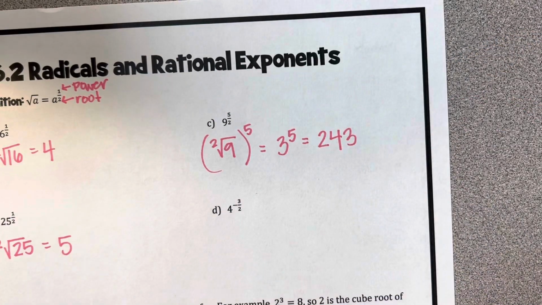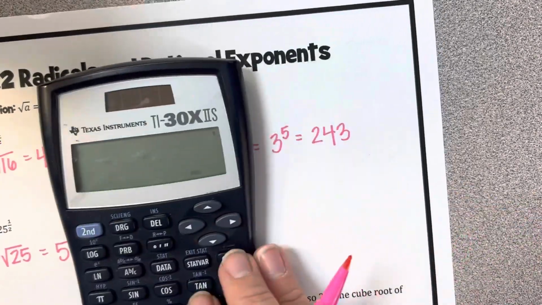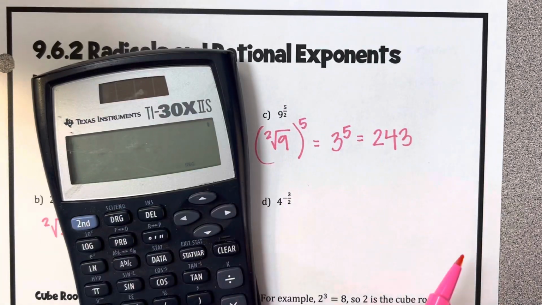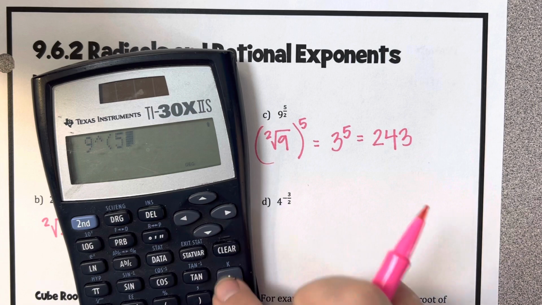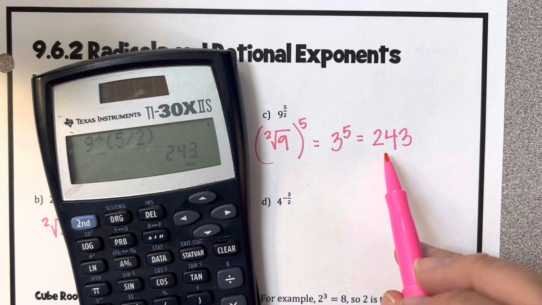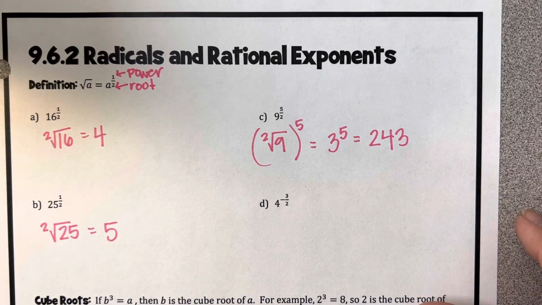And so that would be my answer. If you were using a calculator to check this, like you're at home working on it, you could do 9, then 5 over 2 power, 243. That's what we got.